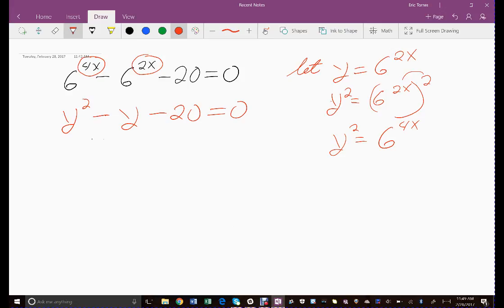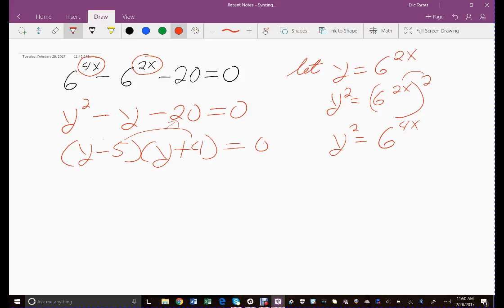Let's see, negative 20 has factors of 4 and 5, which differ by 1. So y minus 5, because it's the largest, y plus 4, because negative 5 times 4 gives me negative 20, and negative 5y plus 4y gives me negative y, my middle term.